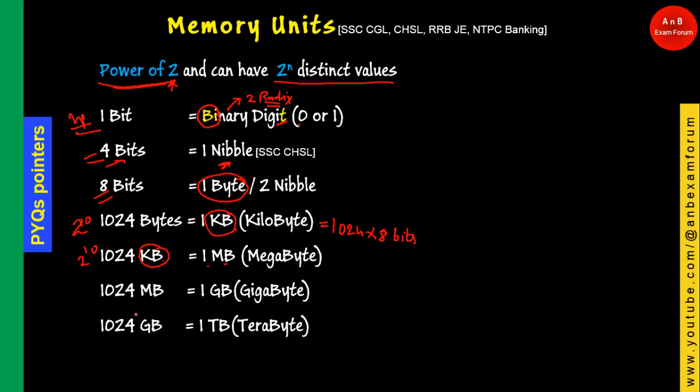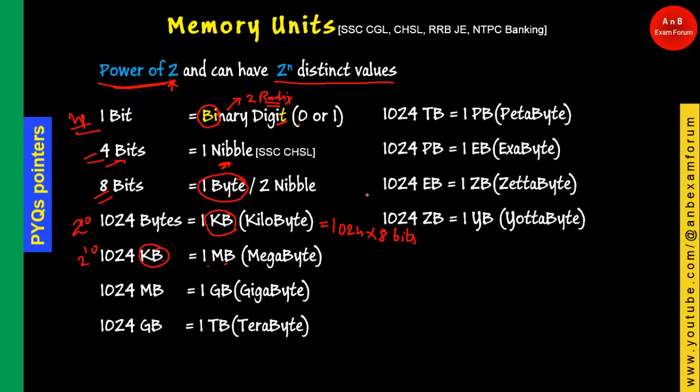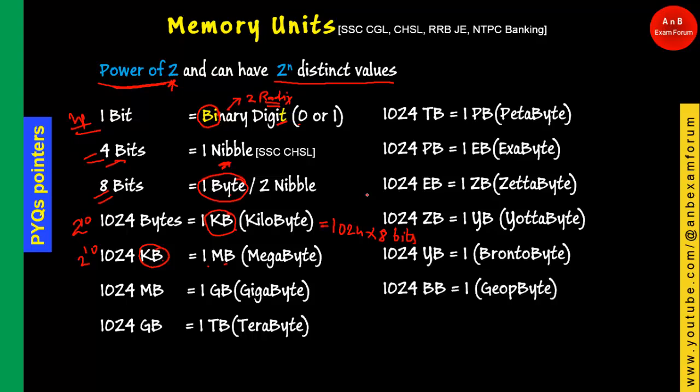Afterwards we have PB, that is petabyte, exabyte, zettabyte, yottabyte, brontobyte and geobyte. You can ignore the last two, these are not asked in the exam, but till yottabyte you should remember.